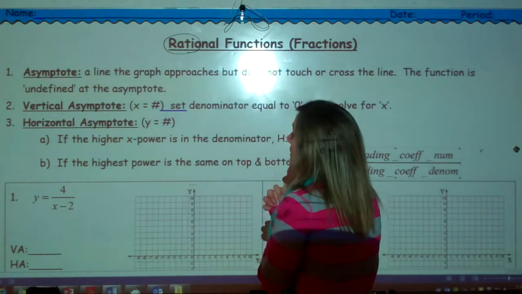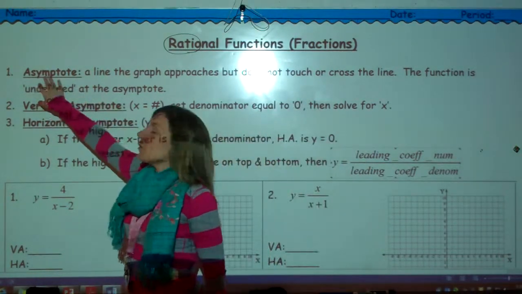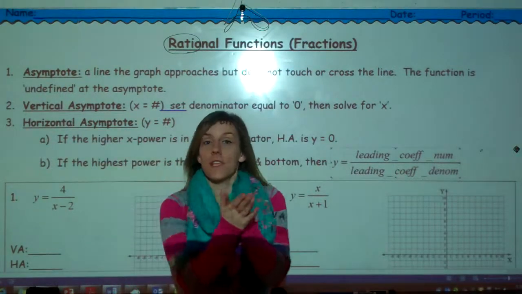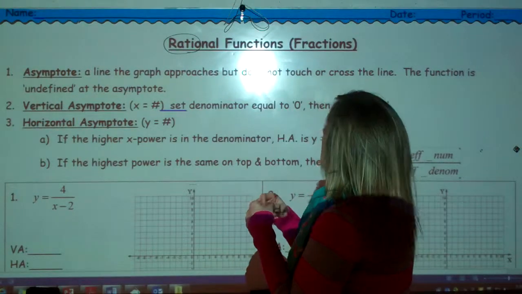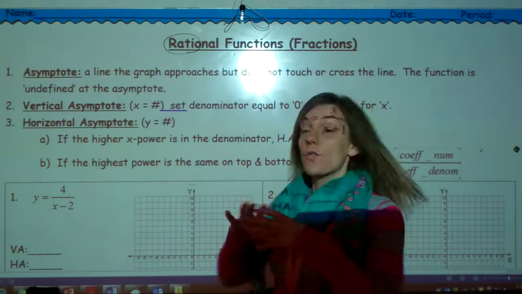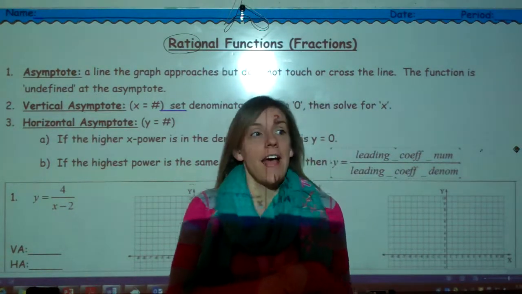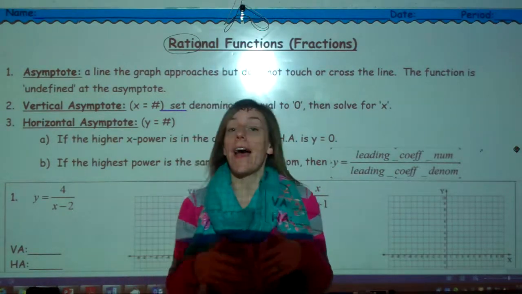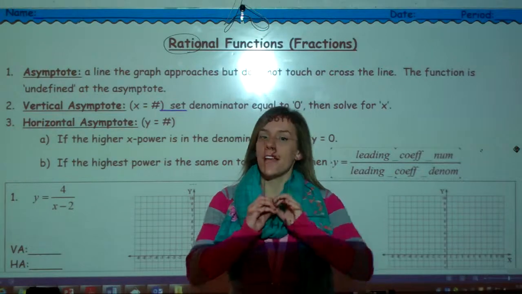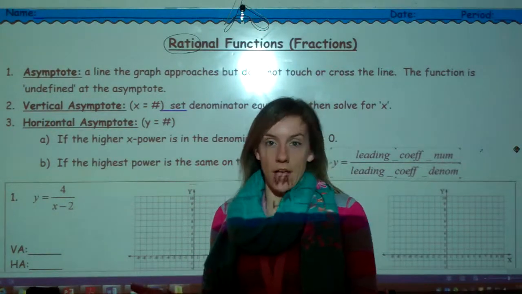Okay, so there's a couple definitions. What we're going to start talking about are asymptotes, and what those are, they are imaginary lines that the graphs will never cross. We have talked about exponential and logarithmic functions. Those actually have asymptotes, but we just hadn't talked about an asymptote yet, okay?